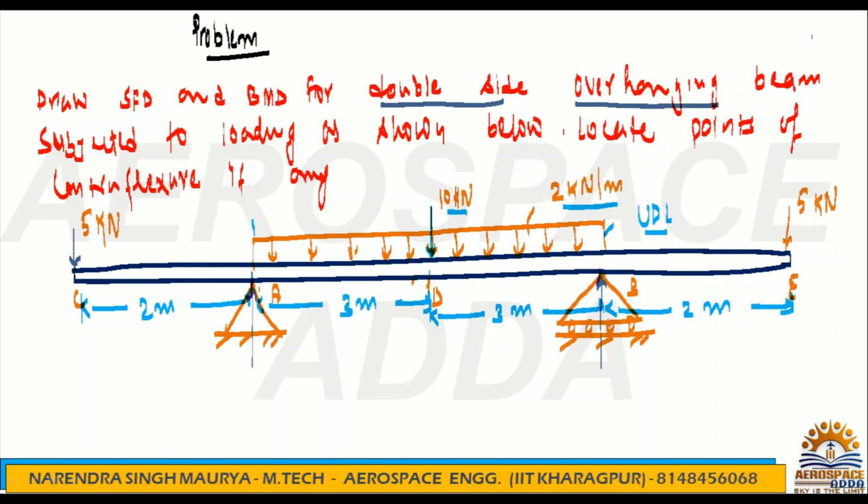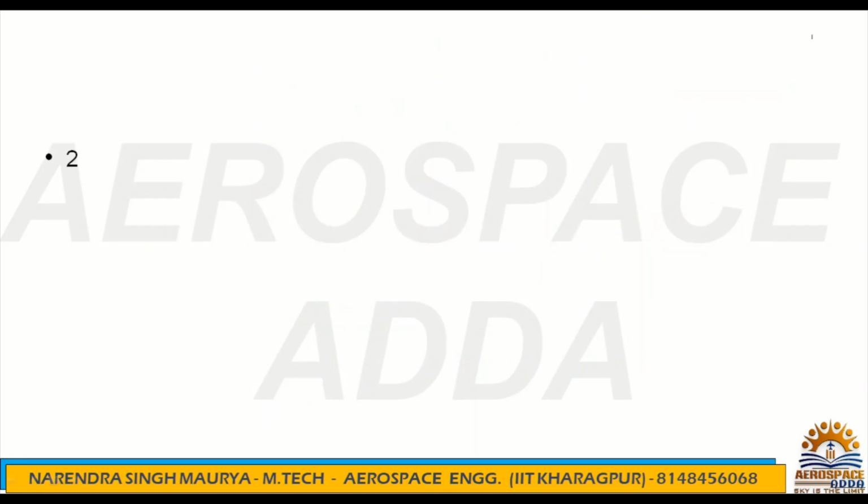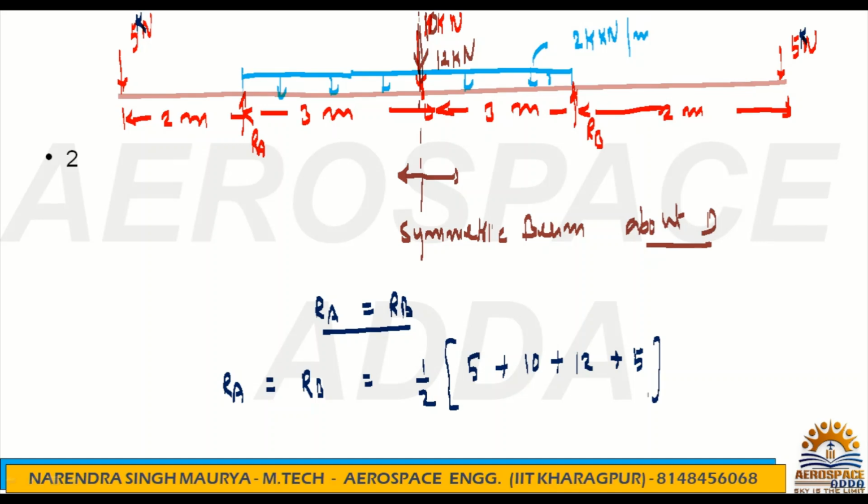Everywhere it's 5 kilonewton. Now check this value. 5 plus 5, 10, 10 plus 10, 20, 20 plus 12, 32. Half means 16 kilonewton both. 16 kilonewton here and 16 kilonewton here. Right? This is the way to get the reaction force at points A and B.